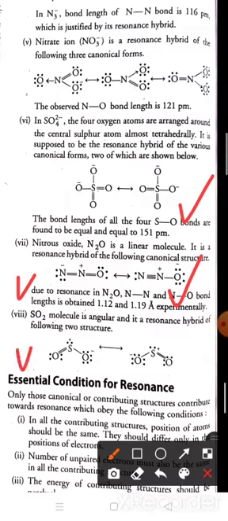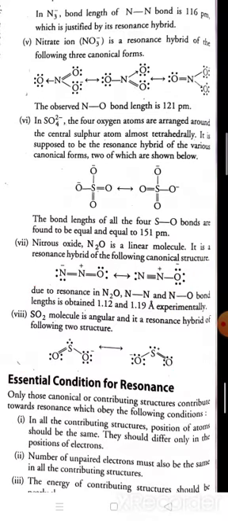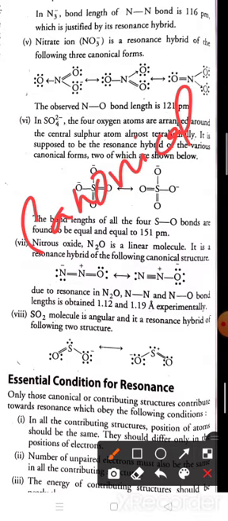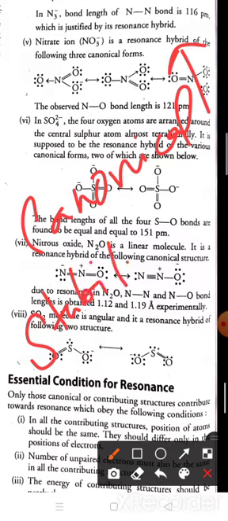One thing to note: the compound which has more canonical structures has more stability.